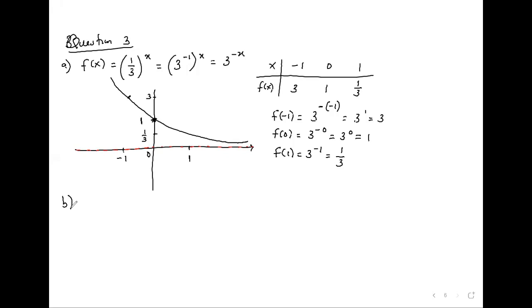What about B? g of x is equal to 1/3 to the power x plus 2. So here you have seen a is equal to 2. So what does that mean?